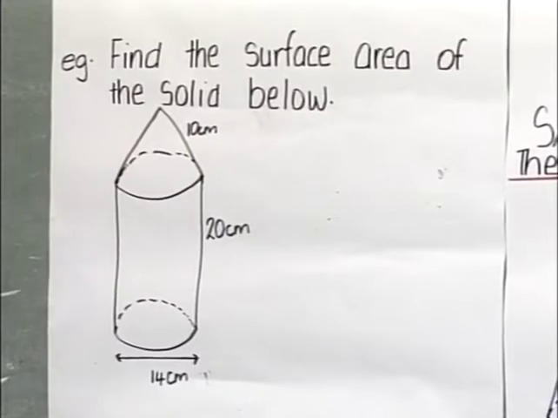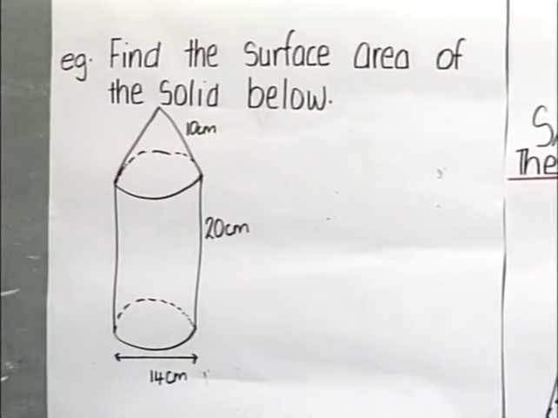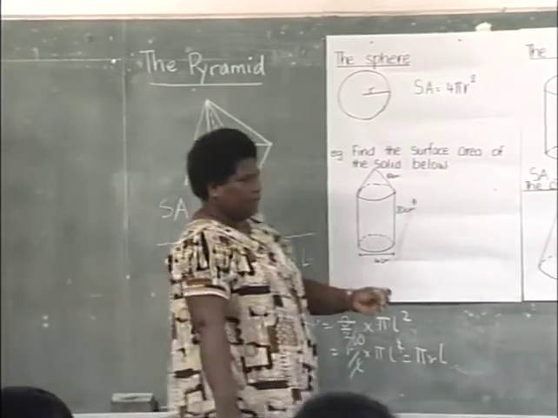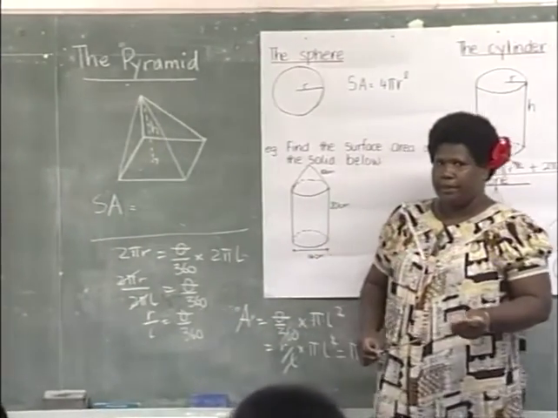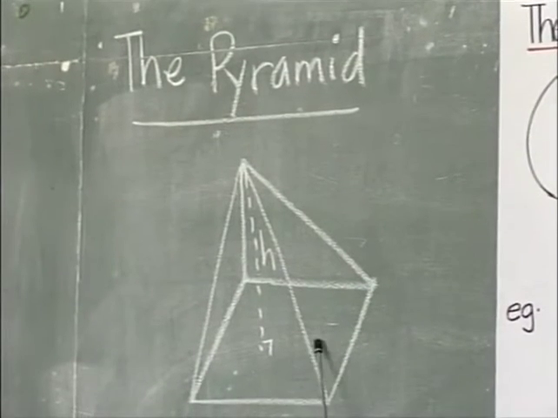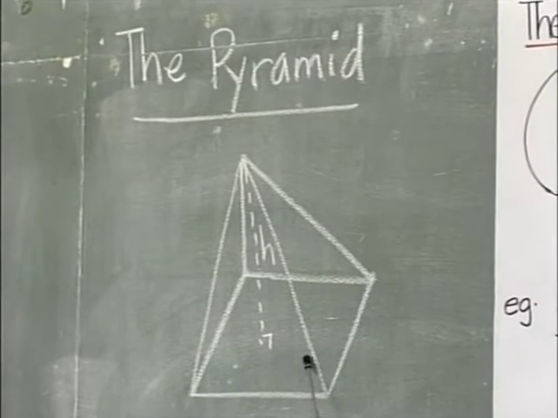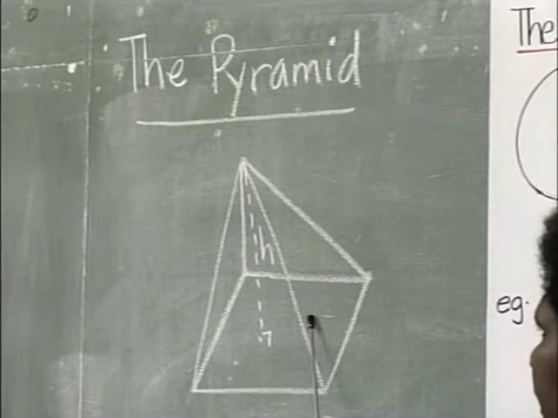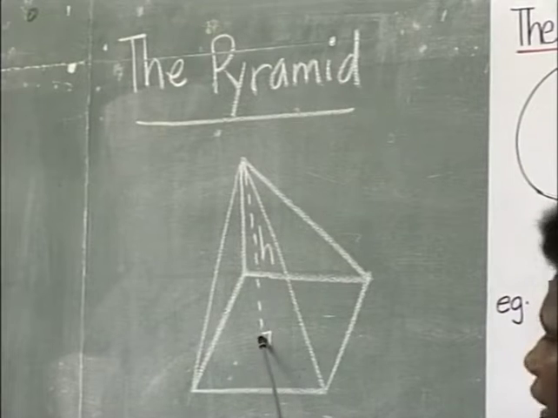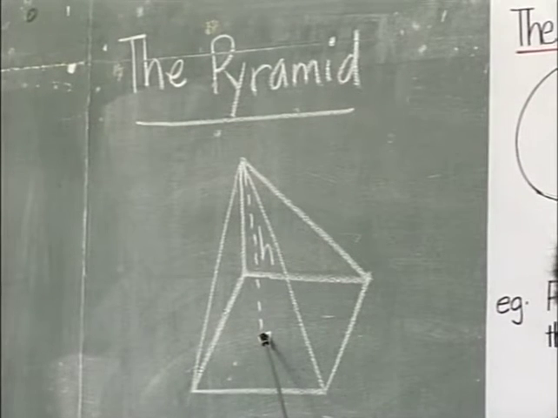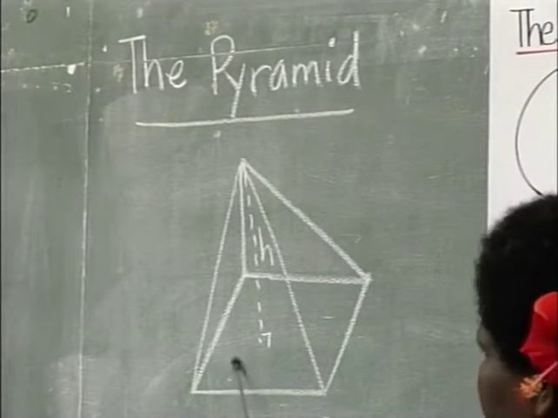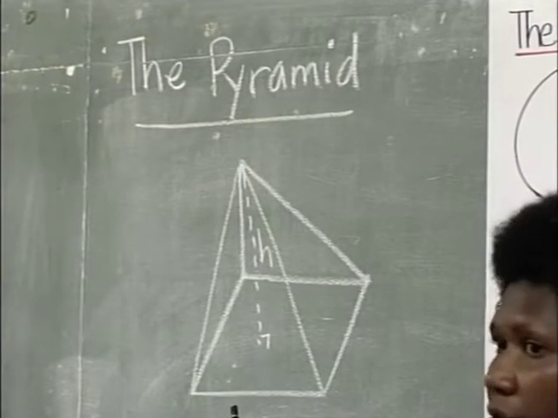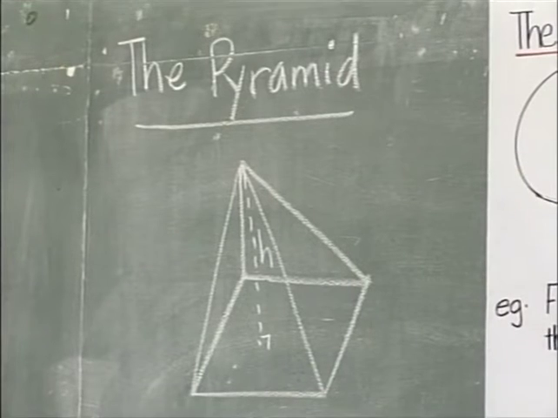Okay, sorry, before you do that, one more. Sorry, just wait. I forgot about this. The pyramid, depending on the base of the pyramid, because you can have a square base pyramid, a rectangular base pyramid, or a triangular base pyramid. Usually the perpendicular height is always denoted with the letter H. If this is a rectangular base pyramid, then all you have to do is calculate the areas of all the surfaces of the pyramid.